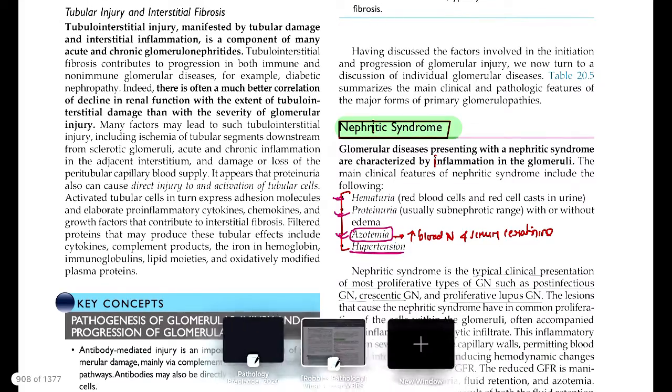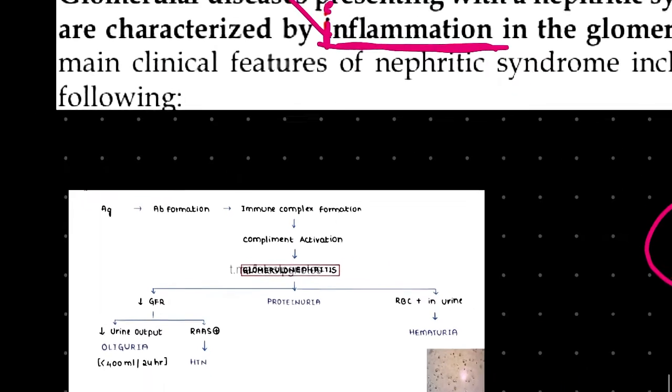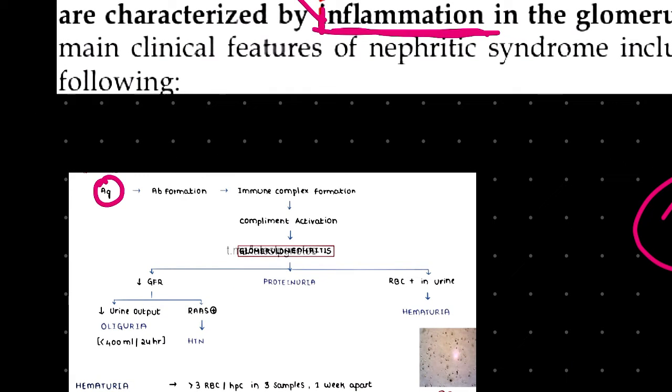Now let us move back again right here. What will happen here is there will be an antigen that will come and cause inflammation in our glomeruli, and at that time there will be formation of antibody, and this antibody and antigen will form an immune complex.